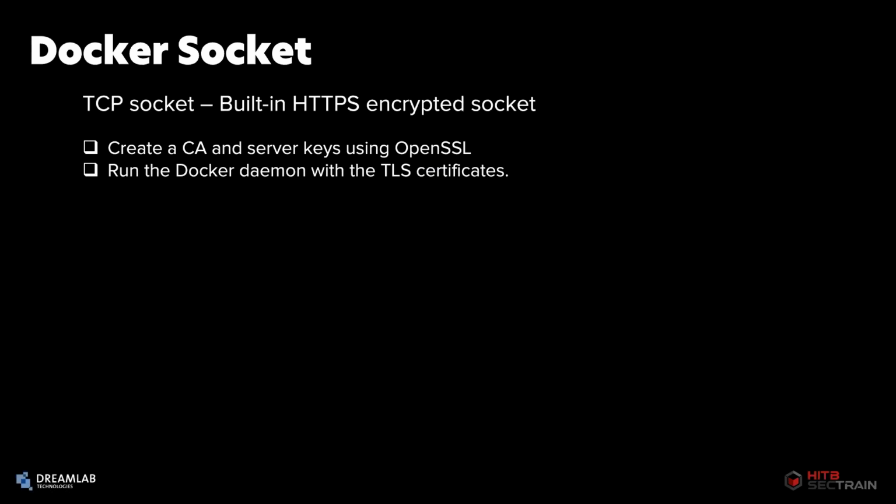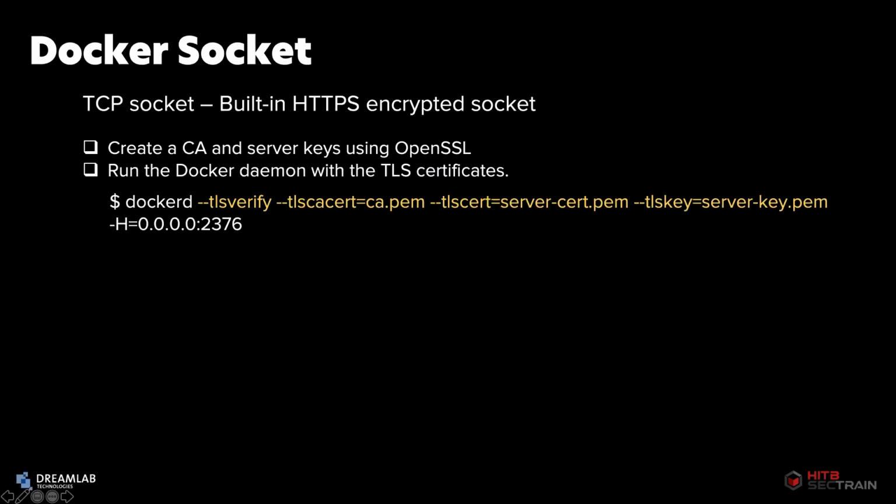We can do it with a few commands, for example, using OpenSSL. And then we can run the Docker daemon with the tlsverify flag. And these flags that you can see here are used to pass the CA certificate, the server certificate, and the server key.